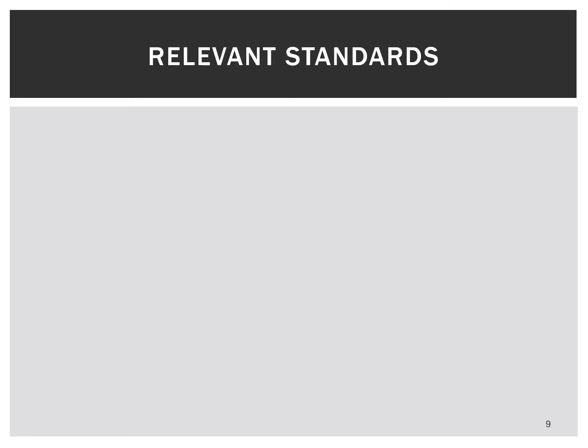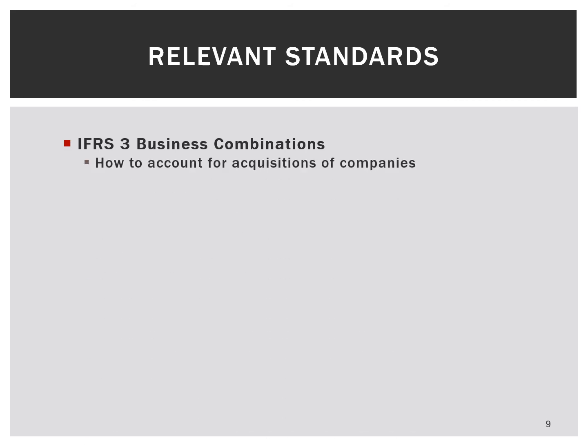As far as accounting standards are concerned, there are two that are relevant to group accounts. IFRS 3 deals with business combinations, and that sets out the rules for dealing with the acquisition of an existing business.